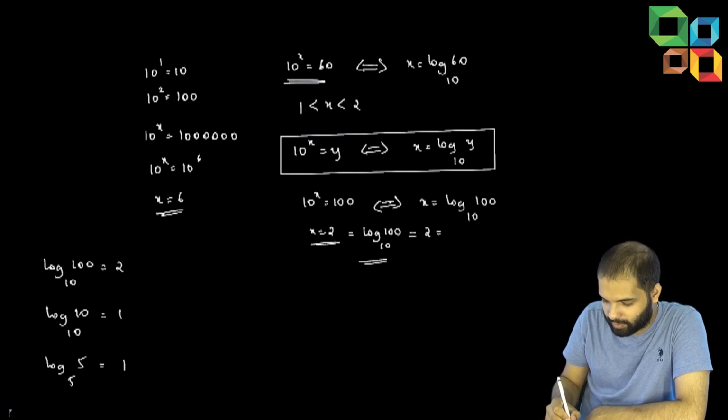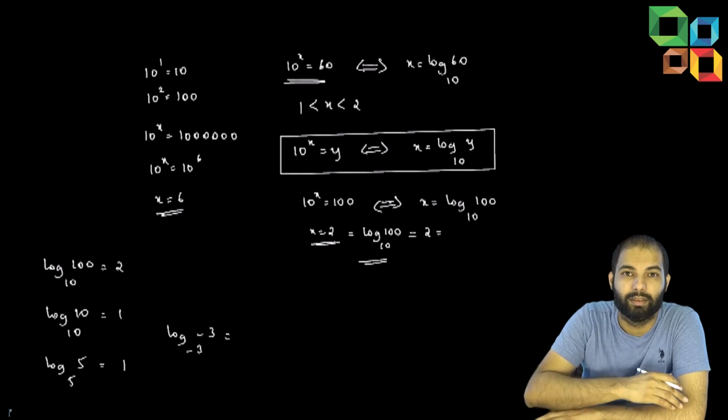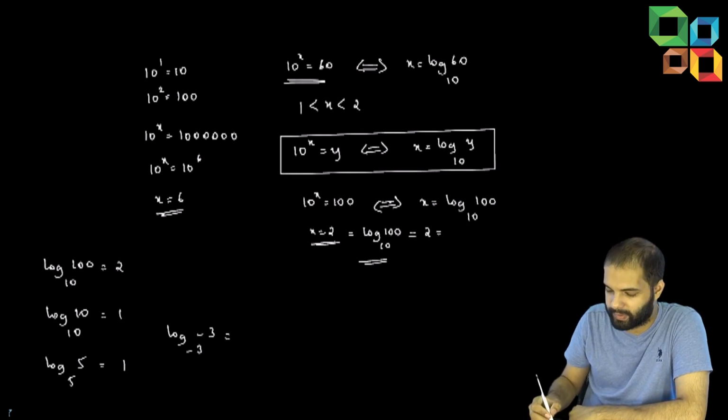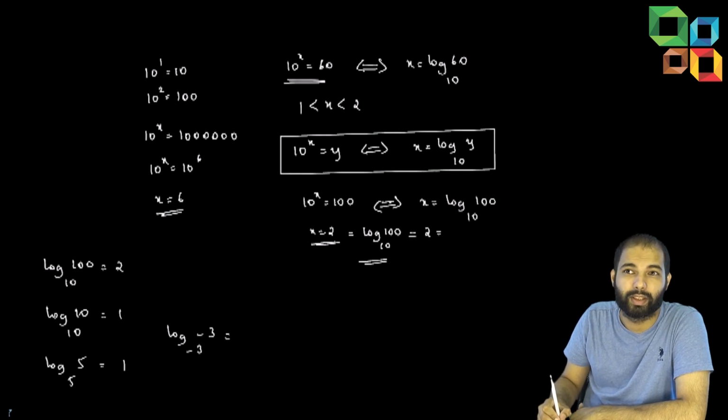So just to confirm, log of, say, minus 3 base minus 3. What is this? 1, right? Right now it's 1, based on our definition. Any issues here? Anybody has an objection?